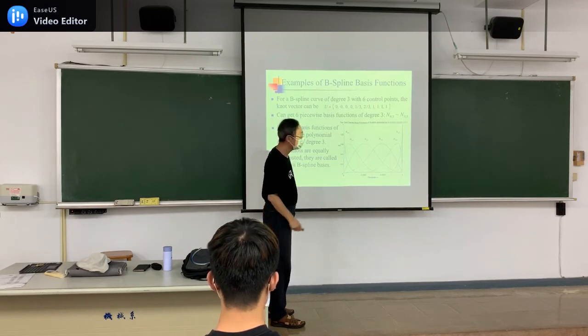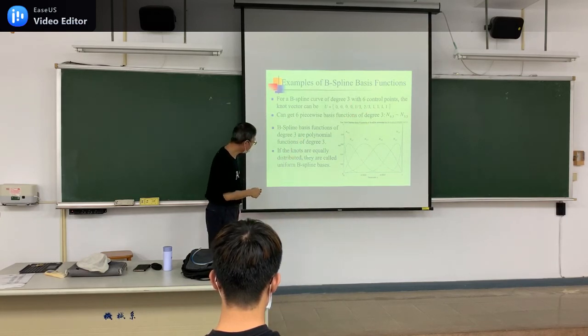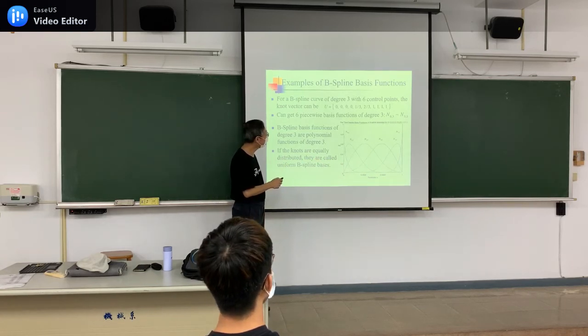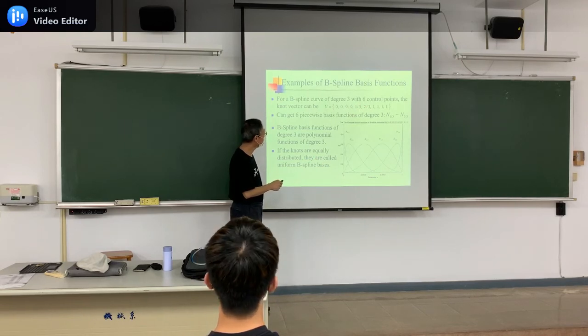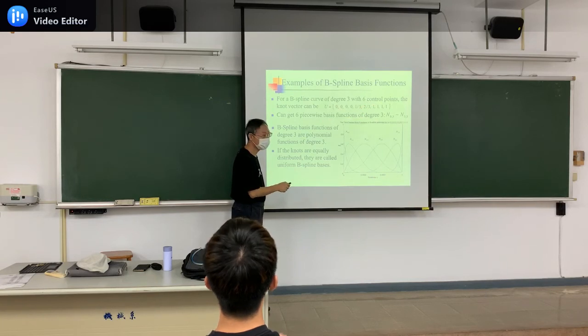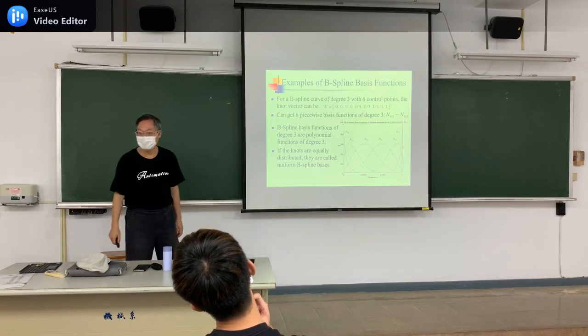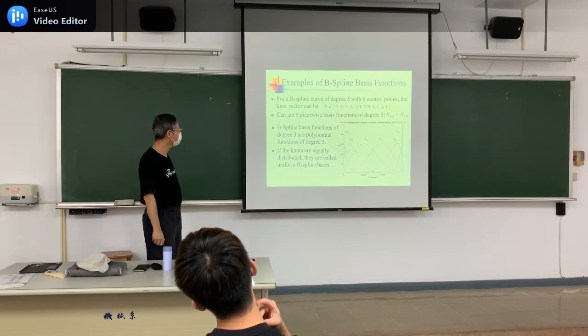So the result is a uniform piecewise basis. But you can choose other values as long as they are increasing. This is an increasing sequence. Any questions?